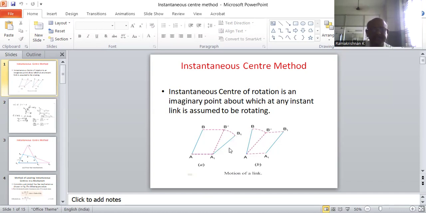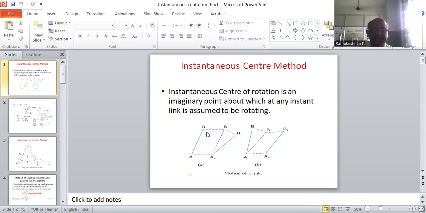Now, to reduce the difficulty of the analysis and to ease the calculation, let us assume that the link attains the final position by pure rotation only. So it is assumed that the link attains the final position A1, B1 by rotation only. Based on this assumption, the method is carried out.